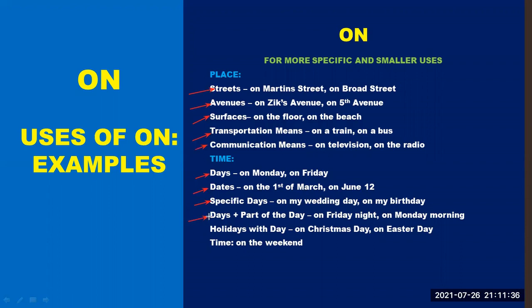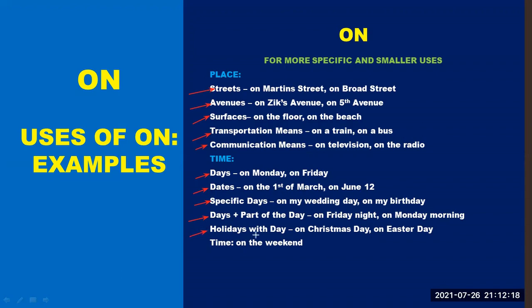Then talking about days plus part of the day. For example, on Friday night, you know, Friday is a day of the week, then part of the day is night. So if you are combining the two, you are talking about the day, mentioning the name of the day, such as Friday, and then talking about the part of the day that is specific to that discussion. Then you should be using on Friday night, on Monday morning, all right?